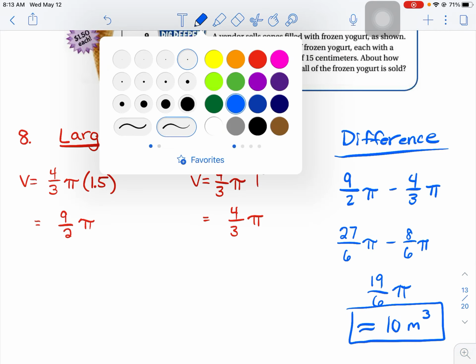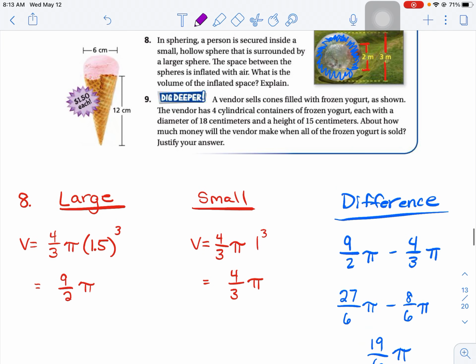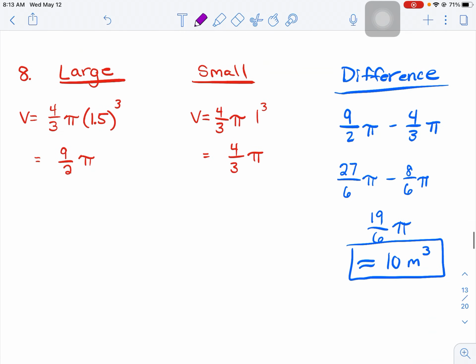All right, and then the last example, number 9. A vendor sells cones filled with frozen yogurt as shown. The vendor has 4 cylindrical containers of frozen yogurt, each with a diameter of 18 centimeters and a height of 15 centimeters. About how much money will the vendor make when all the frozen yogurt is sold? Here we had a couple of different shapes.